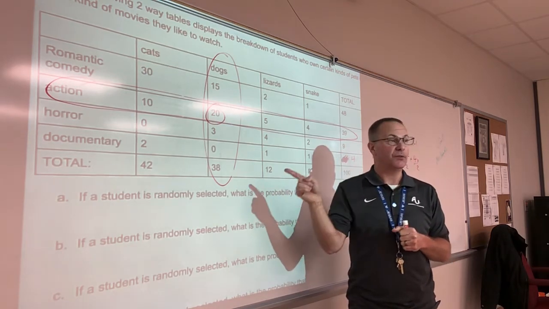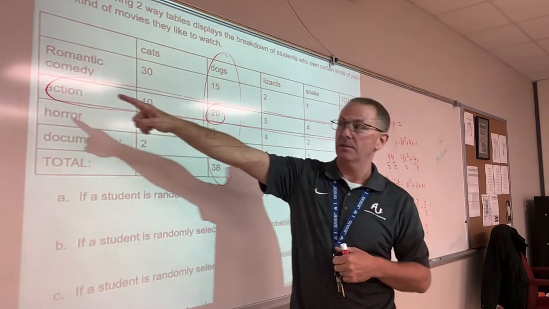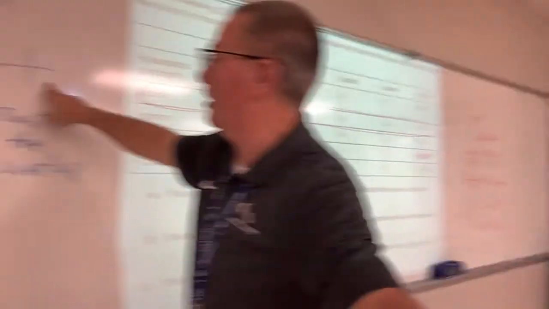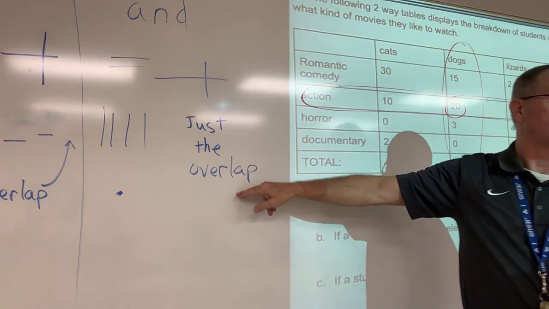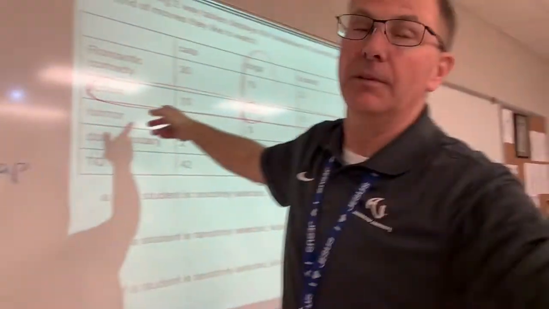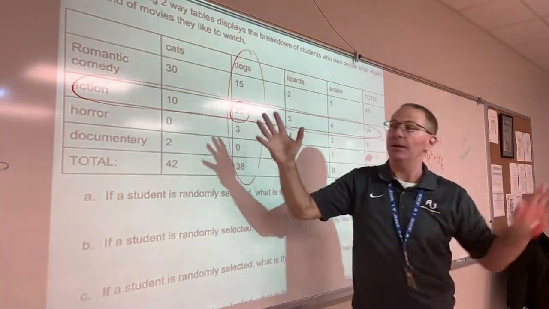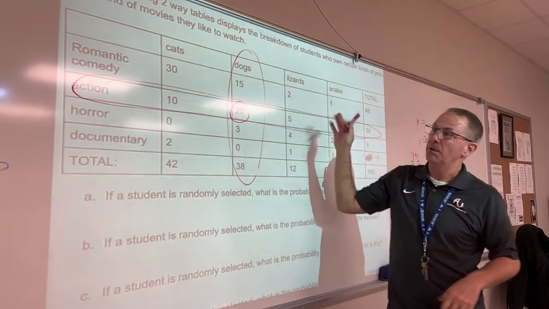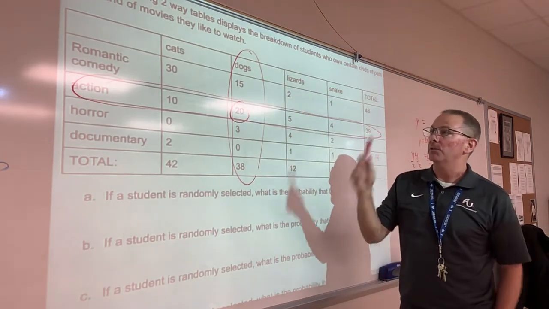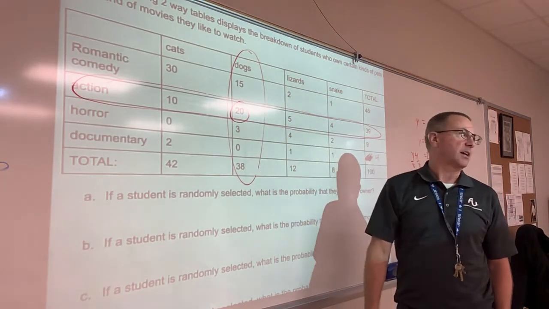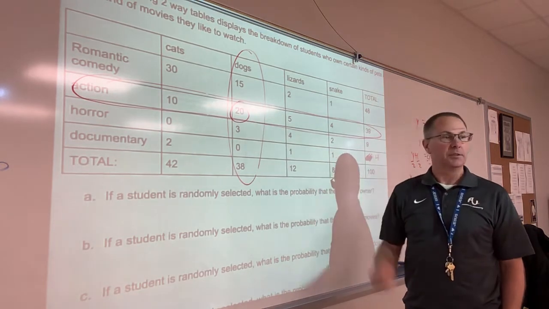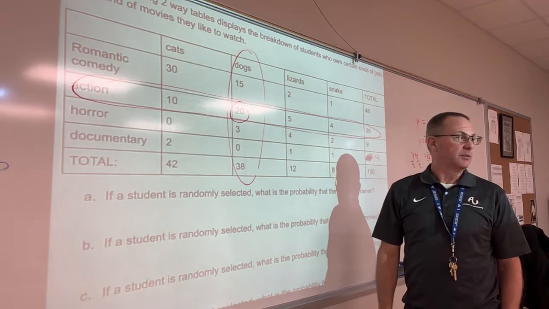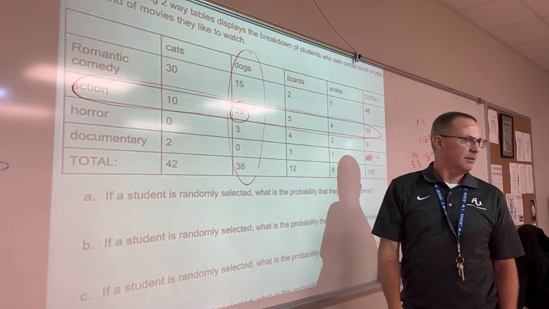If they cross, the answer is just the overlap. Think about it, it's common sense. Let's use the same thing we have up here: the probability that you're a dog owner and you like action movies. That's just 20 out of 100. Doesn't that make sense?